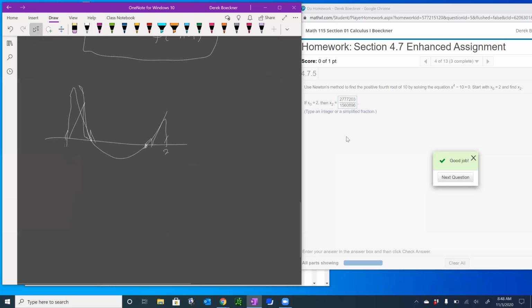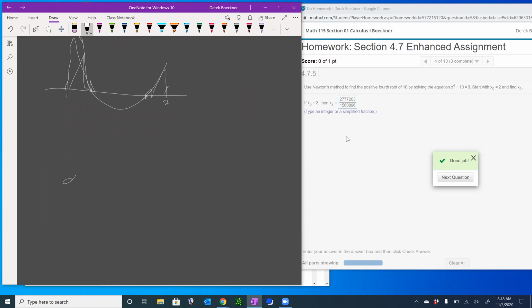So say I want to approximate the square root of 3. Well, what I'm going to do is make an expression that has that as a root, like x squared minus 3 equals 0. The square root of 3 would solve that, right?